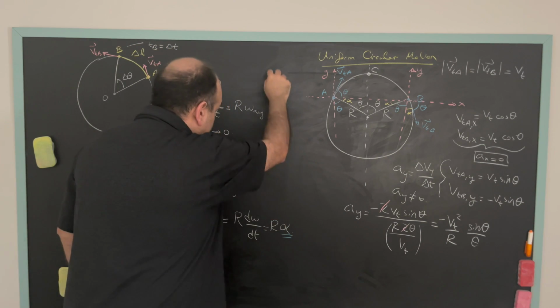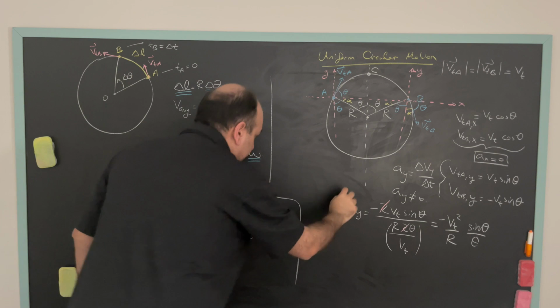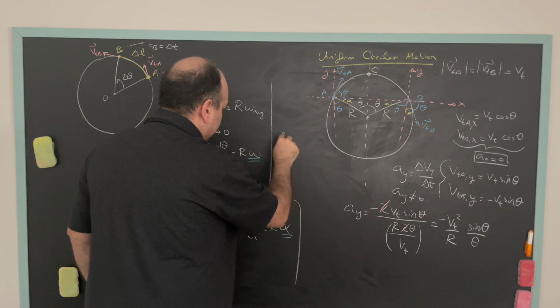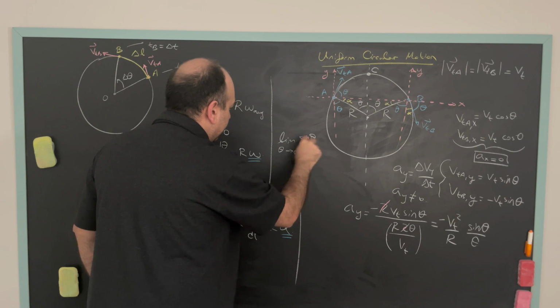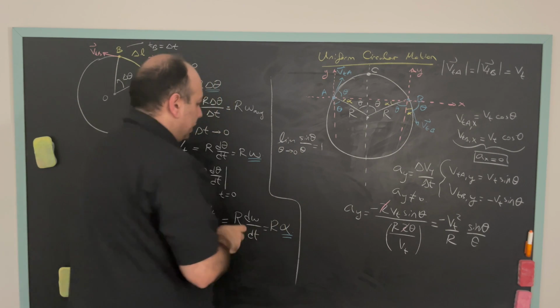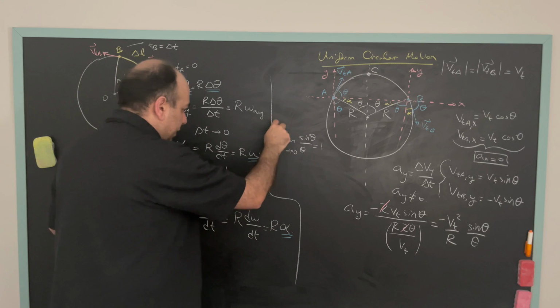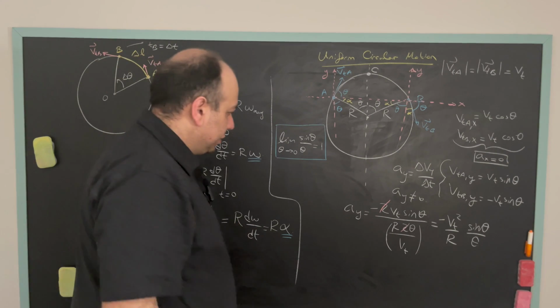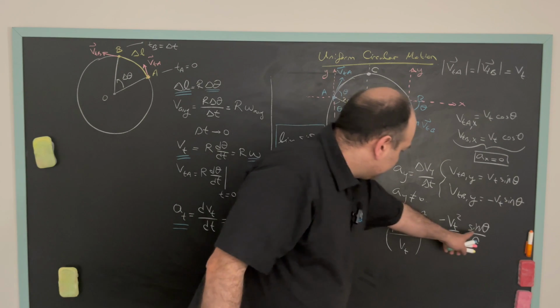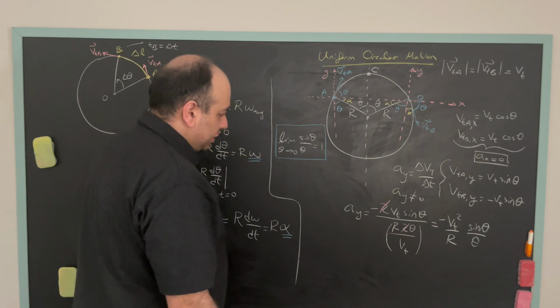Okay, so let's do it here. Limit theta goes to 0. We know that sine theta over theta is equal to 1. So this is one of the limits we know from calculus. So here when we take this limit, it becomes just 1.